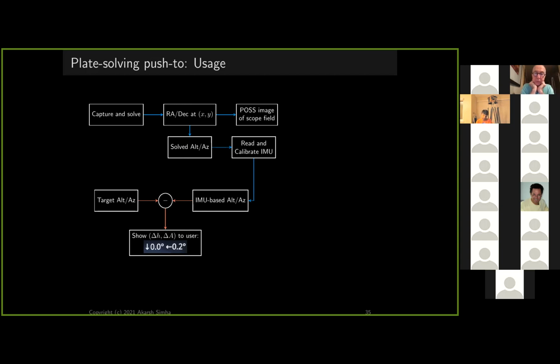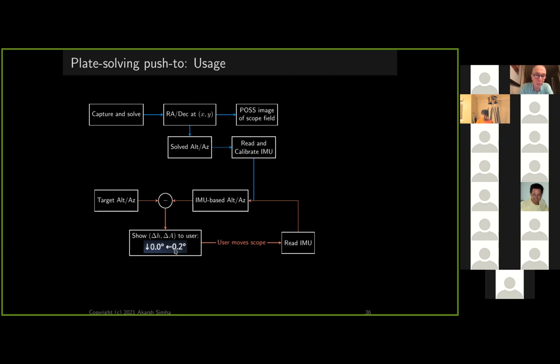Basically pushing instructions to the user at 10 frames per second, which was the initial proposal that I had, right? And so now we have a servo in some sense where the user moves the telescope. The user is the actuator of the servo system, and the IMU is what's reading the position of the telescope and giving the user the error signal, right?